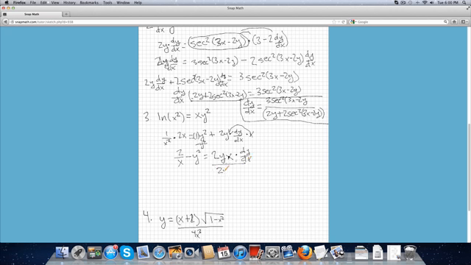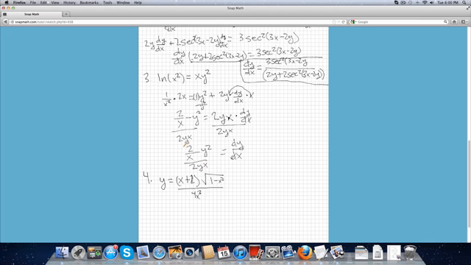Divide both sides by 2yx. So our dy dx equals 2 over x minus y squared over 2yx.